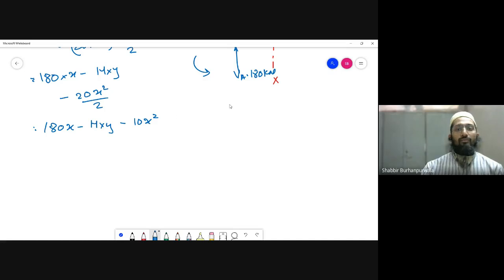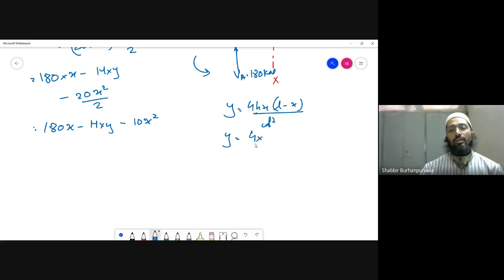Now what do we have? We have a condition on y, which is y equals 4hx (L minus x) upon L square. So y is equal to how much? y is equal to 4 into total height, which is, sorry, total height is 5, multiplied by x bracket total length.